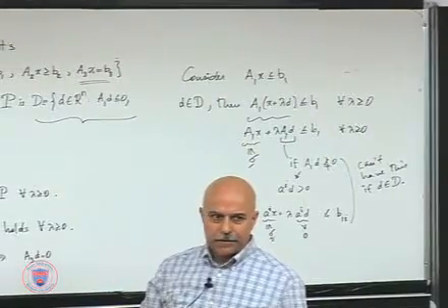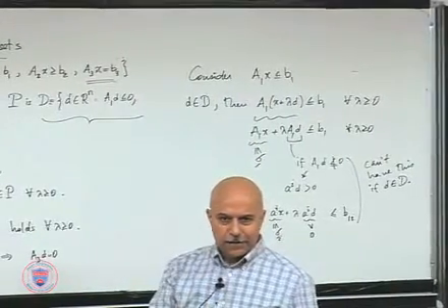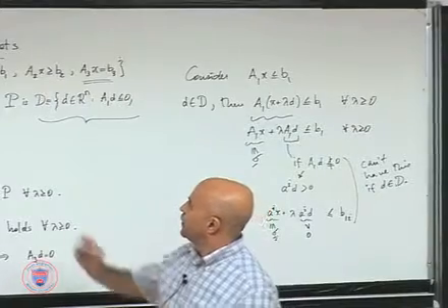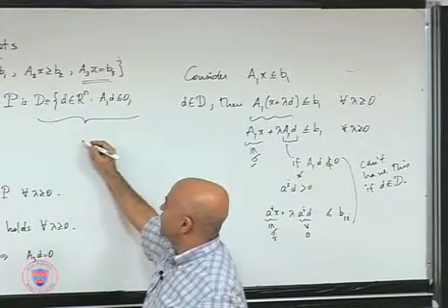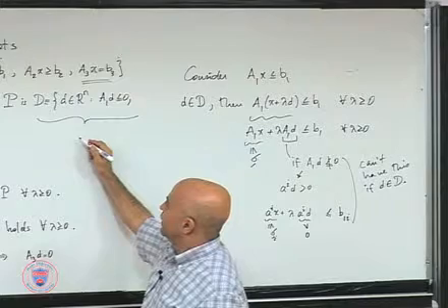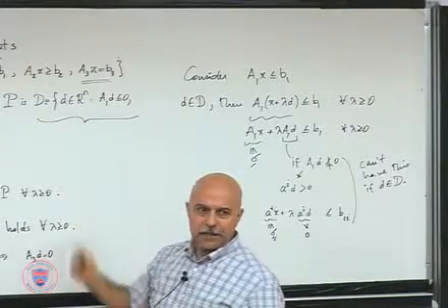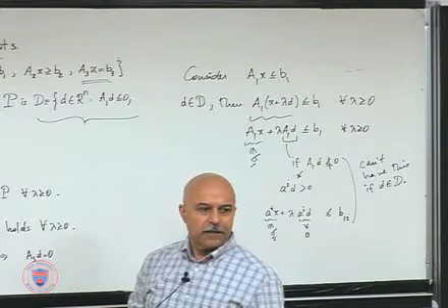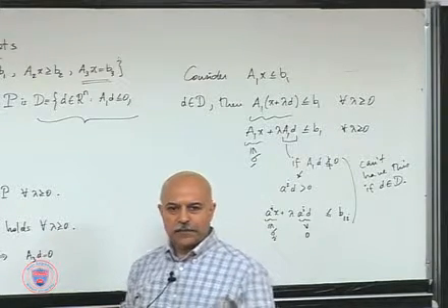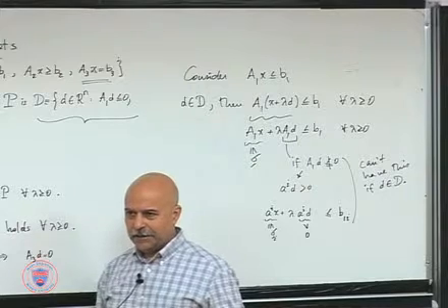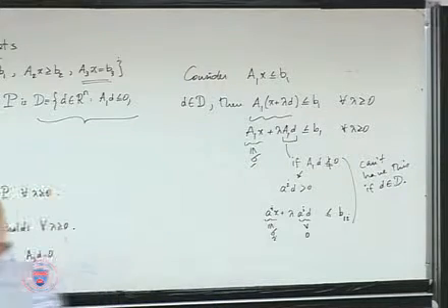Okay? Of course, this is only the proof of one way. Which way is that? Whenever you have a direction, it must be the case that these are satisfied. But then you must also prove that whenever these are satisfied, it must be a direction. Okay? So don't forget that.